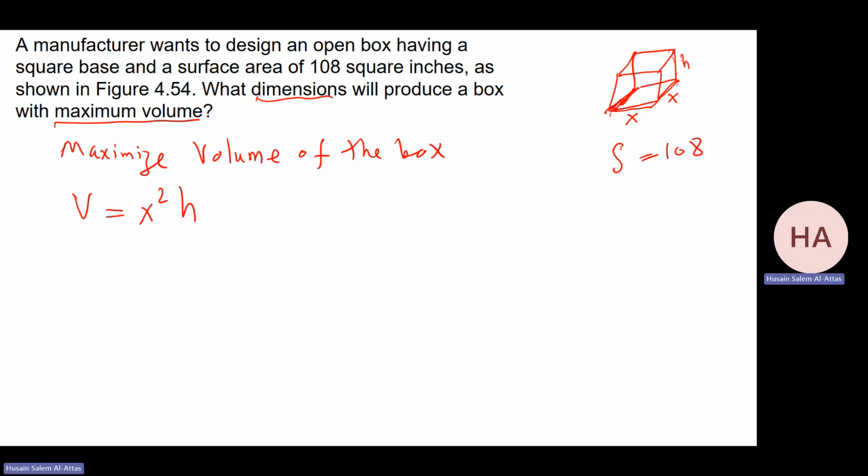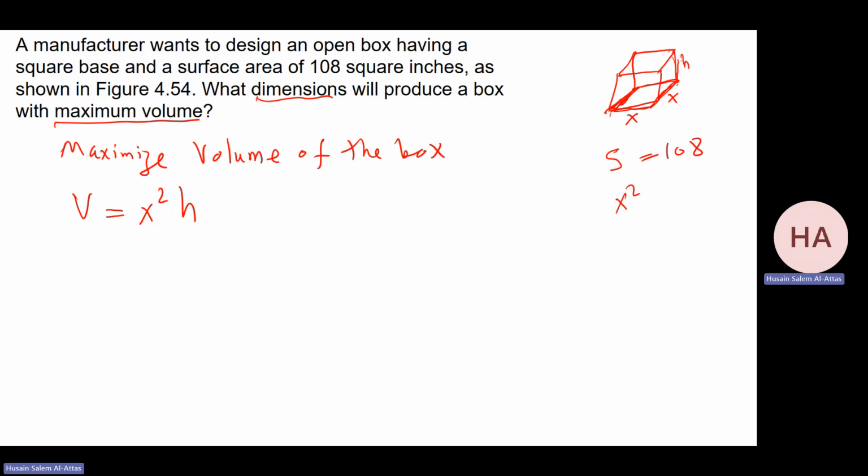But notice this is a function of two variables, so I want to get rid of one of these variables. Then I will use the other information, which says the surface area of the box is 108. What is the surface area? It will be this one, which is x squared.